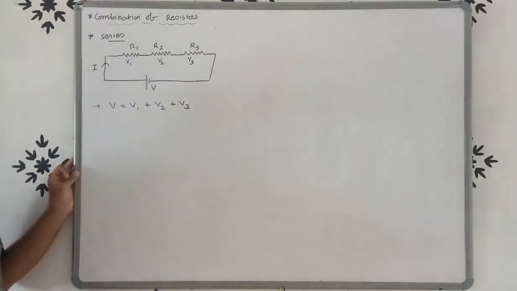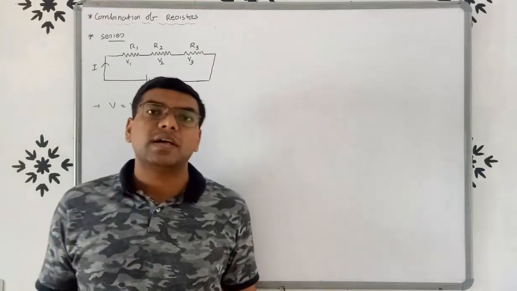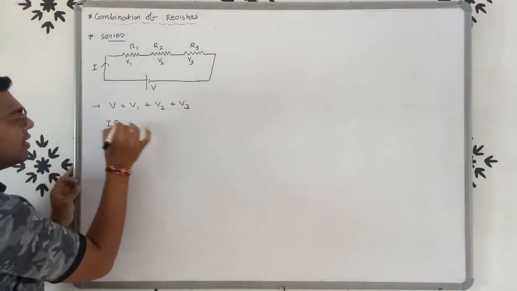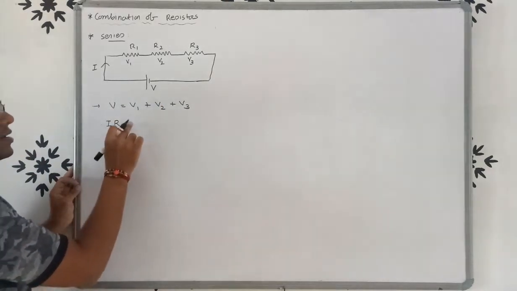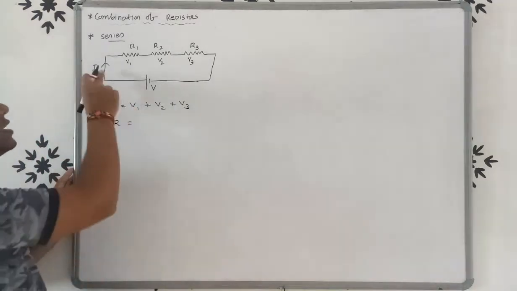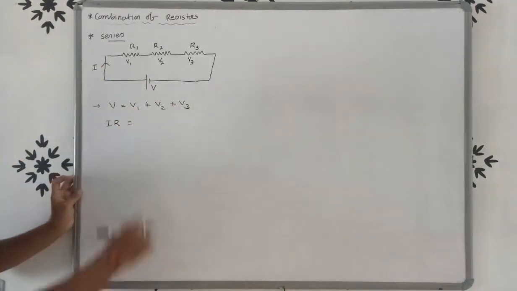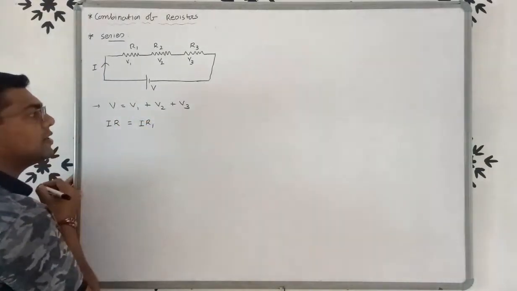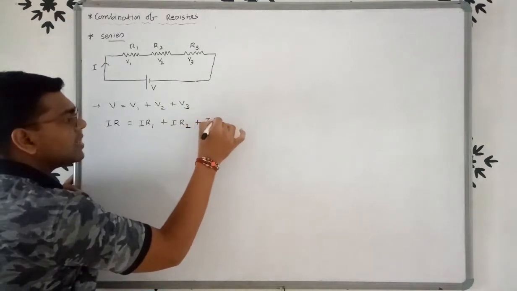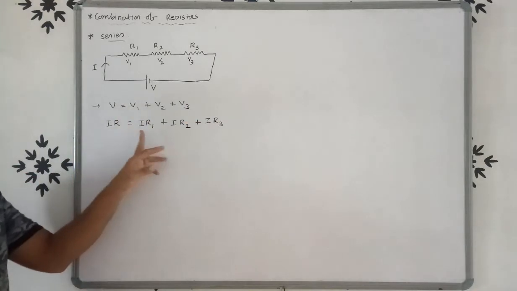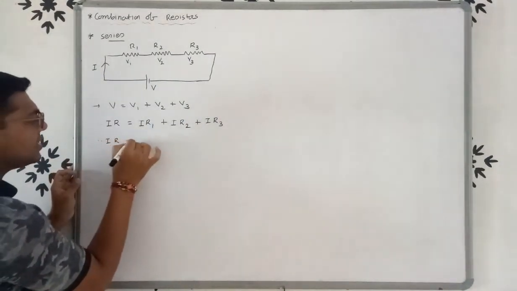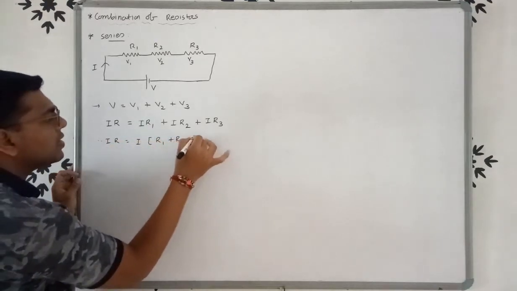Now, we already discussed Ohm's law. The equation of Ohm's law is V equals IR. Here V1 equals I R1, and since this is a series combination, the current is the same in each resistor, so V2 equals I R2 and V3 equals I R3. So V equals I R, where V1 is I R1, V2 is I R2, V3 is I R3. The current is common, so I R equals I times R1 plus R2 plus R3.